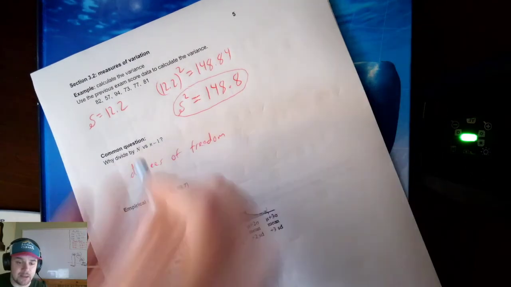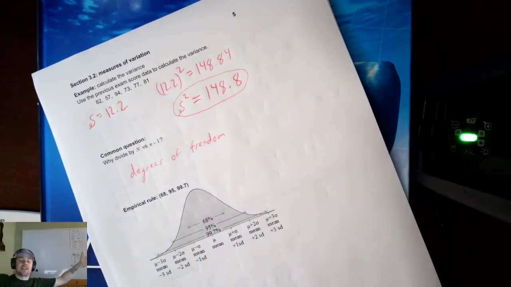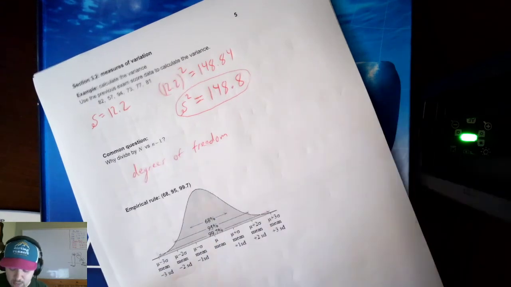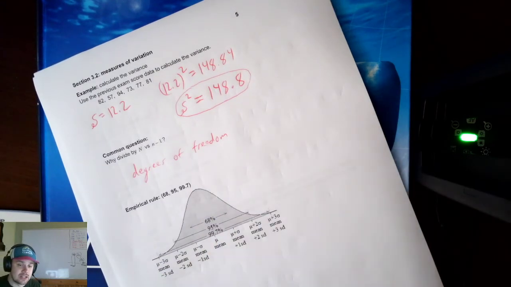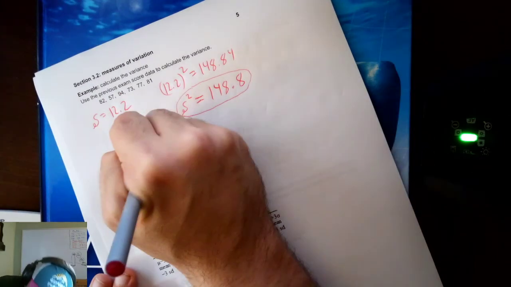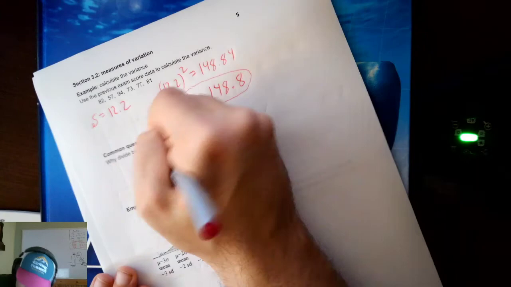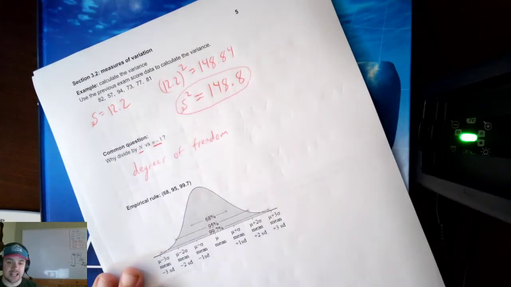But if I had a population of every single candy bar, the choices are not constrained by the size of the population, right? And that's why we care. Mostly, the important thing for you guys is to understand that n is for populations, and n minus 1 is for samples, right?